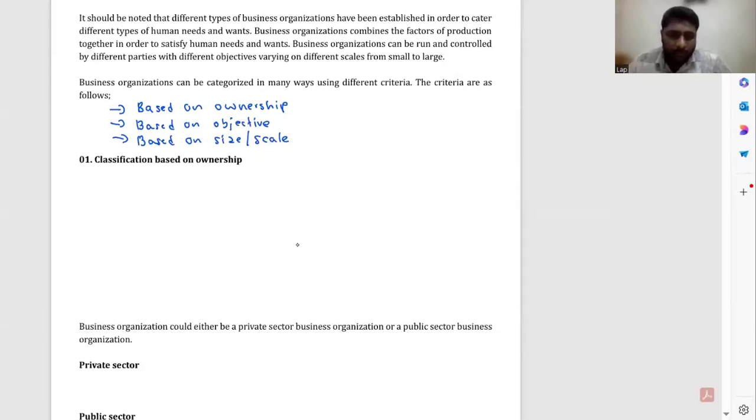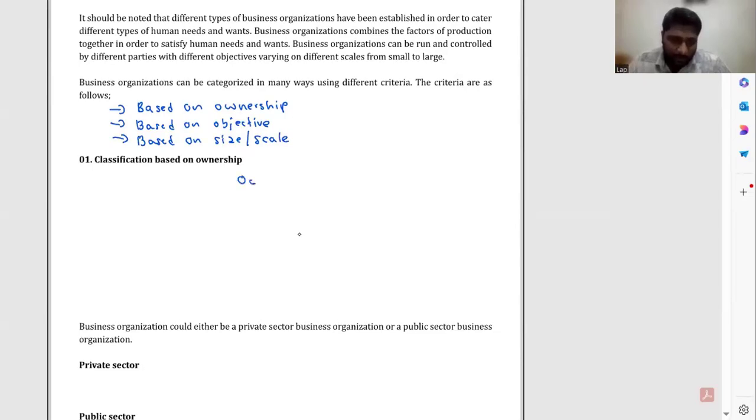Now let's move to the classification based on ownership. Based on ownership, I told you, you can classify into private and public.